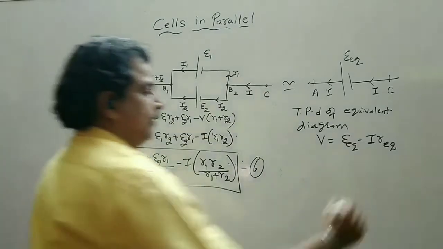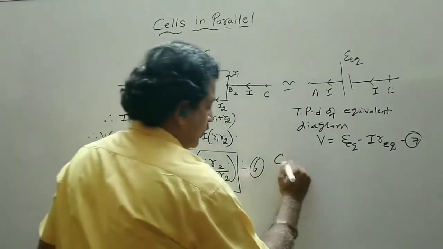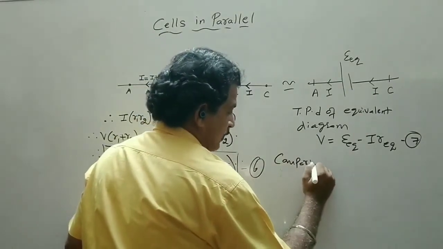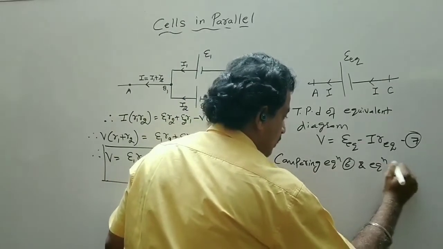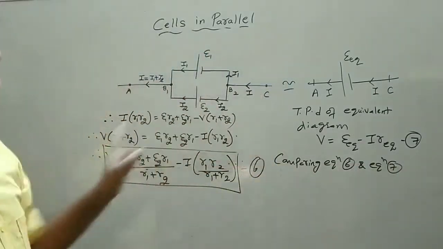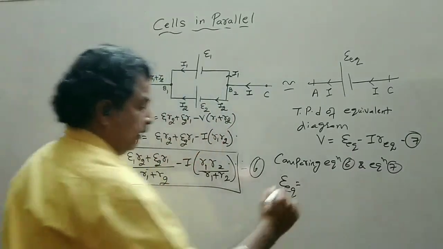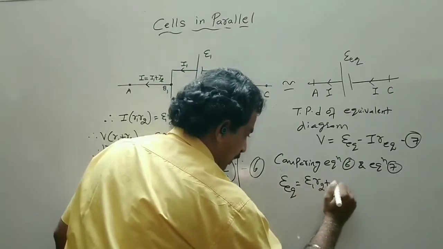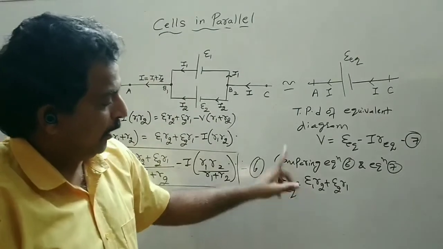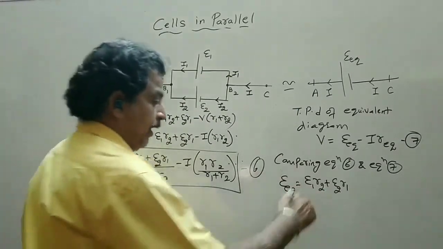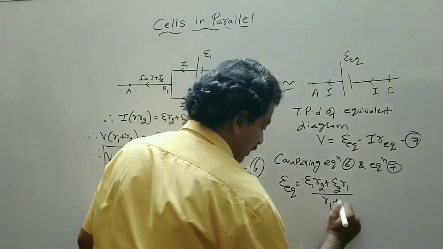Now I compare this equation 6 with equation number 7. So comparing equation 6 and equation 7, E equivalent can be written as (E1 R2 plus E2 R1) upon (R1 plus R2), that is EMF of one cell times internal resistance of the other, plus EMF of the second cell times internal resistance of the first, divided by total internal resistance.